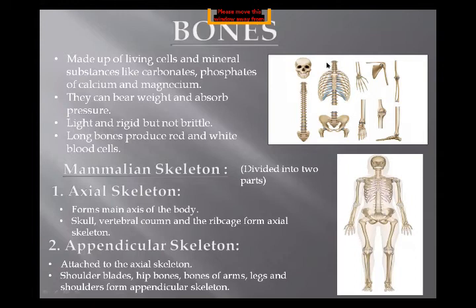Means the central axis, the axial skeleton, is joined with some bones, and these bones, which are joined with the axial skeleton, make the appendicular skeleton. My cursor is moving around the appendicular skeleton, right? The number of bones present in the appendicular skeleton.